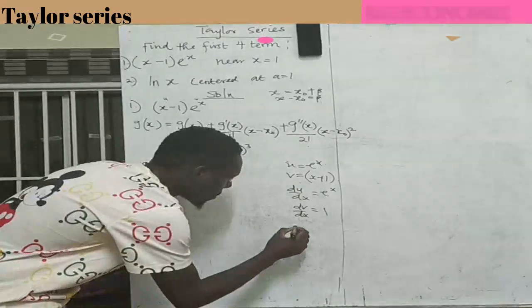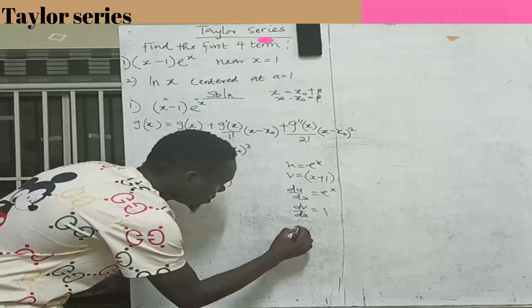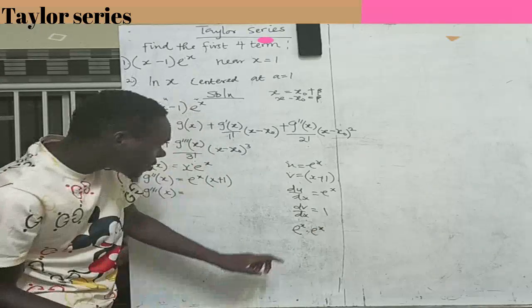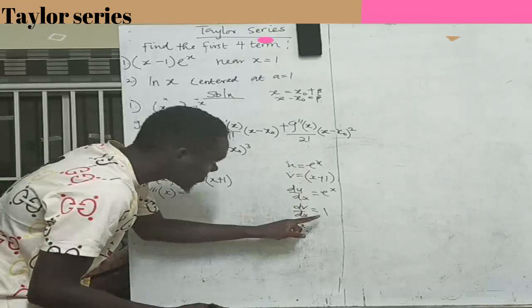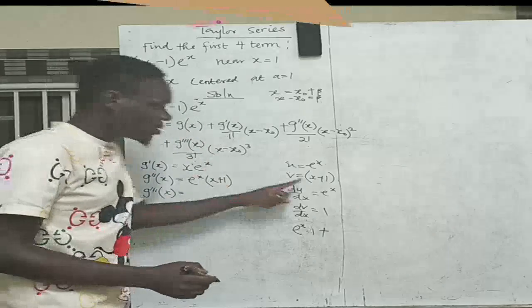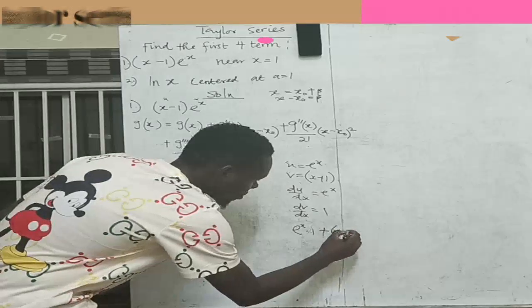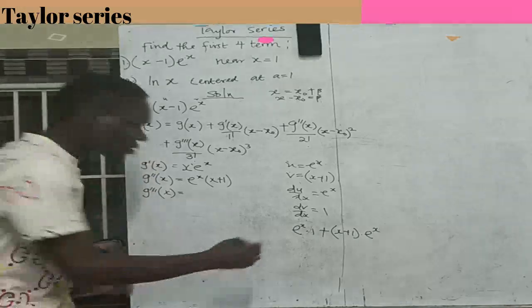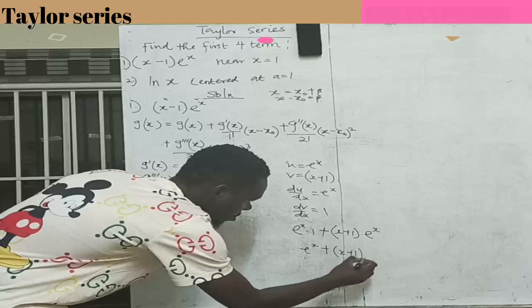So now applying the formula again, u dv dx, sorry, plus v du dx, x plus 1, and e raised to the power of x. So here we have e raised to the power of x plus 1, e raised to the power of x.